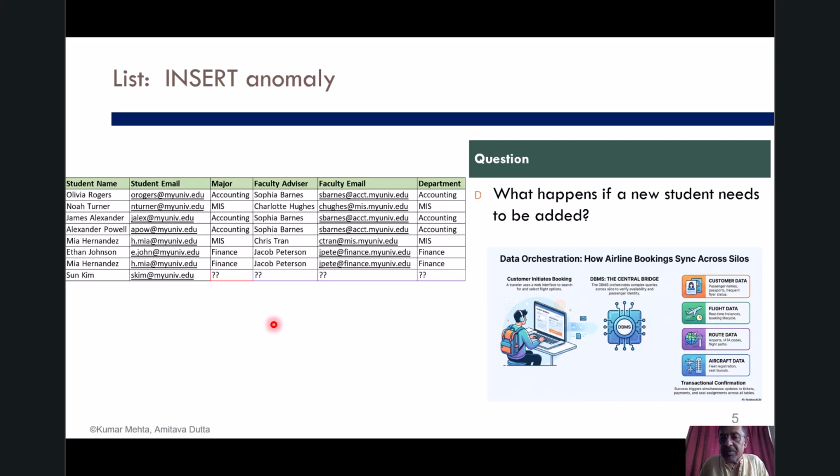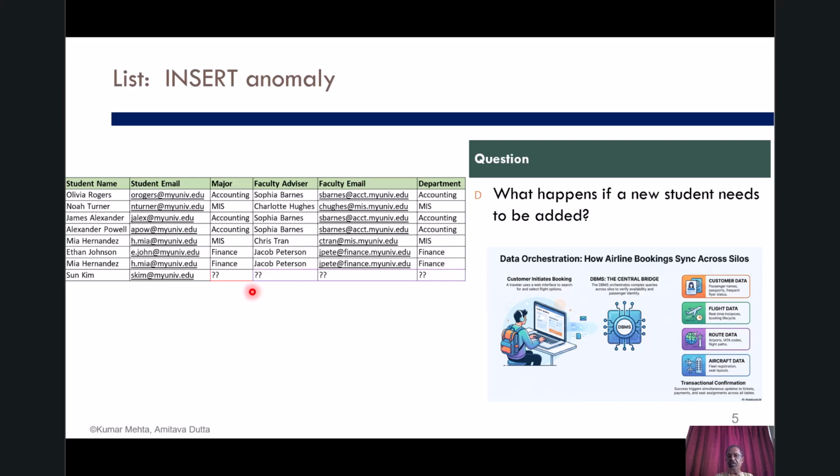So now let's start a discussion of why this one big list approach, putting everything, that is not worrying about structure, putting everything in one big list, why that might have problems. So even for this simple database, let's say what we want to do is add a new student. So here you have this new student, Sun Kim. We know the email address is sunkim@myuniversity.edu. We want to add this new student. And notice that it would be difficult to add this new student until we also know their advisor.